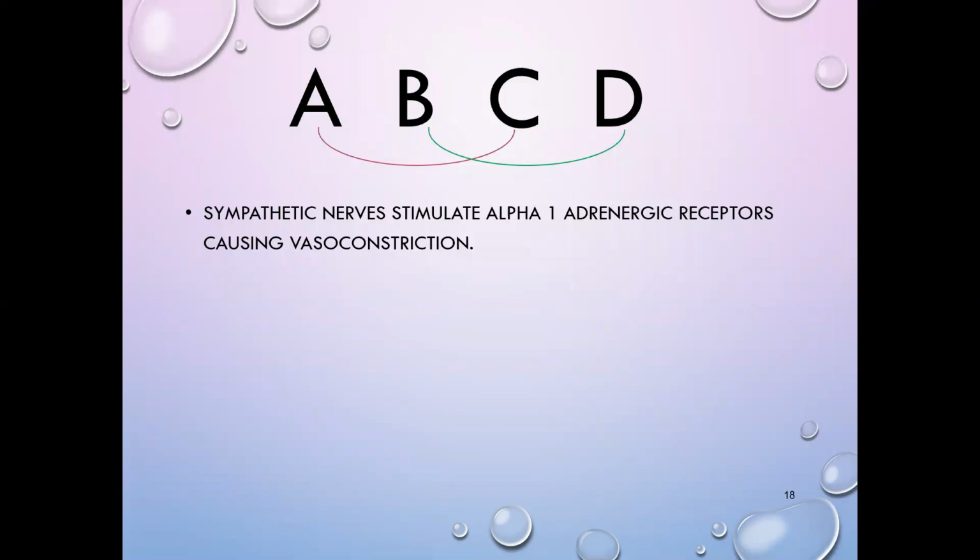Okay, so here's our ABCD again that we talked about back in Learning Plan 4. So the sympathetic nervous system stimulates alpha-1 adrenergic receptors causing vasoconstriction. So again, that's the A to C. And then the beta-2 adrenergic receptors cause dilation, specifically in the lungs.